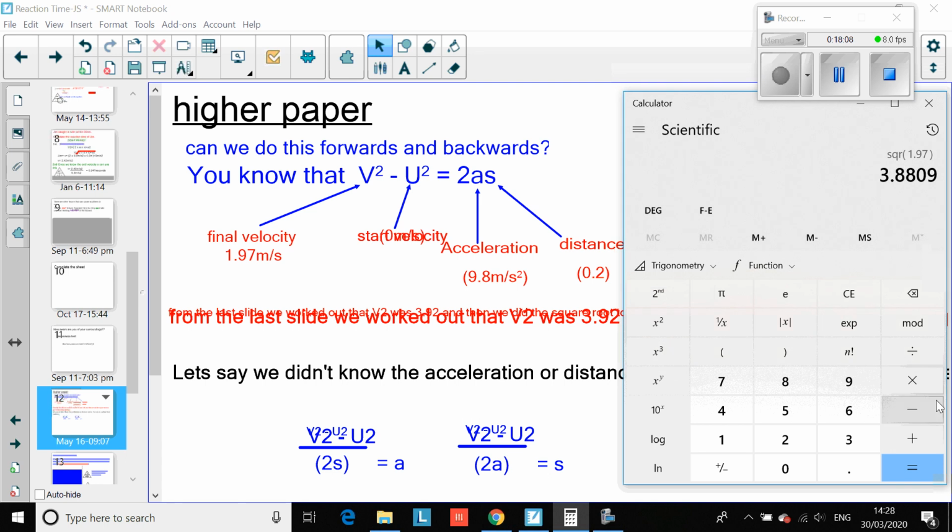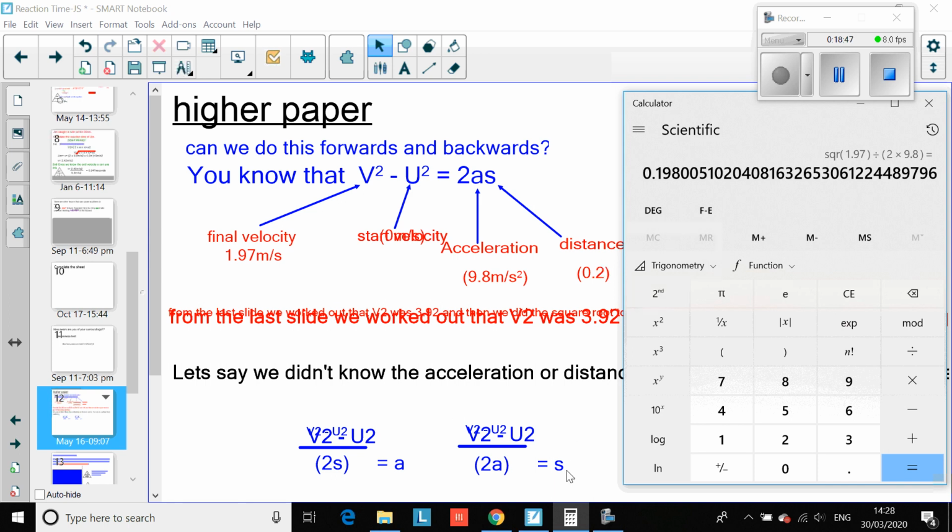Minus u squared, again minus 0, so we don't need to worry too much about that, divided by open brackets, 2 times 9.8, close brackets, and we get 0.19, which is essentially 0.2 if we round it to two significant figures. So we've confirmed that if we do the equation backwards, our numbers are indeed 9.8 for the acceleration and 0.2 for the distance.